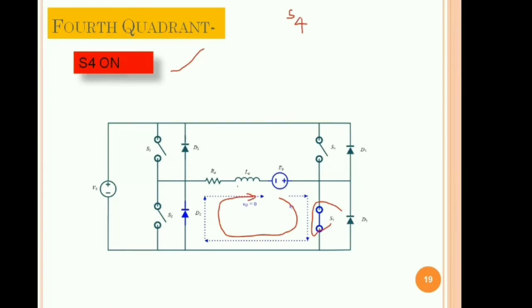During that time, the inductor is charged with the left side plus and the right side minus. So in this way it is charged.